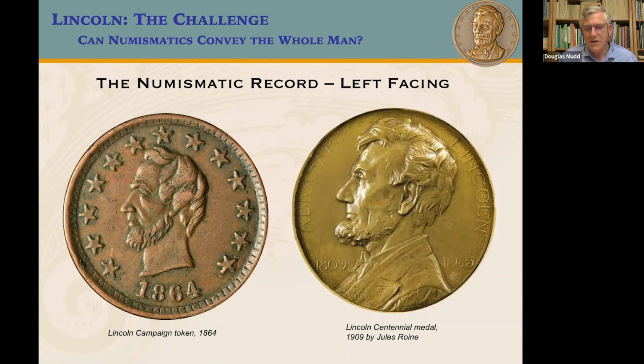So this is one of my favorite portraits of him, because it gives a sense of somebody who has accomplished something, that is looking forward to perhaps enjoying the fruits of his work. So, you know, you would think this is somewhere in the very end of 1864, or early 1865, before he's assassinated.